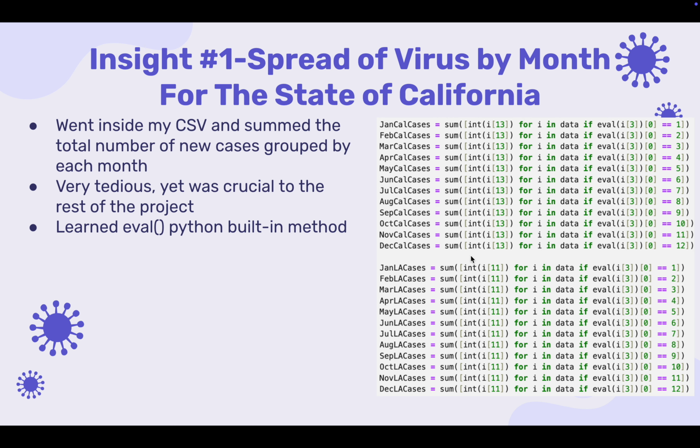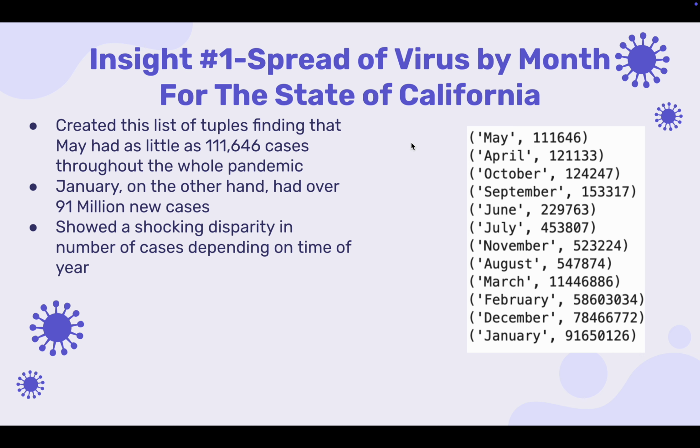It helped me convert strings to lists. Not a super secure method to use, but it worked well for this project for sure. And this created a list of tuples, and through this I found that the number of new cases in California in January was over 91 million, but in May just over 100,000.